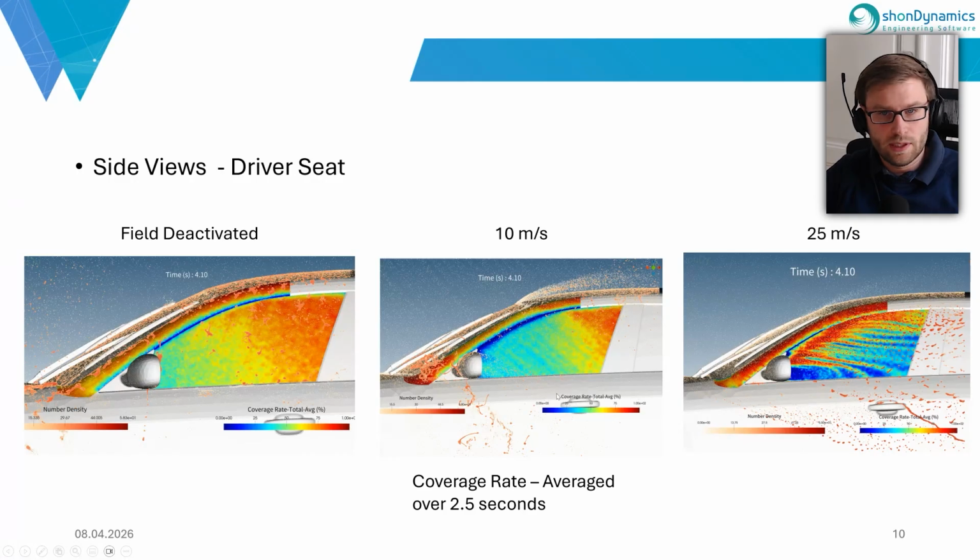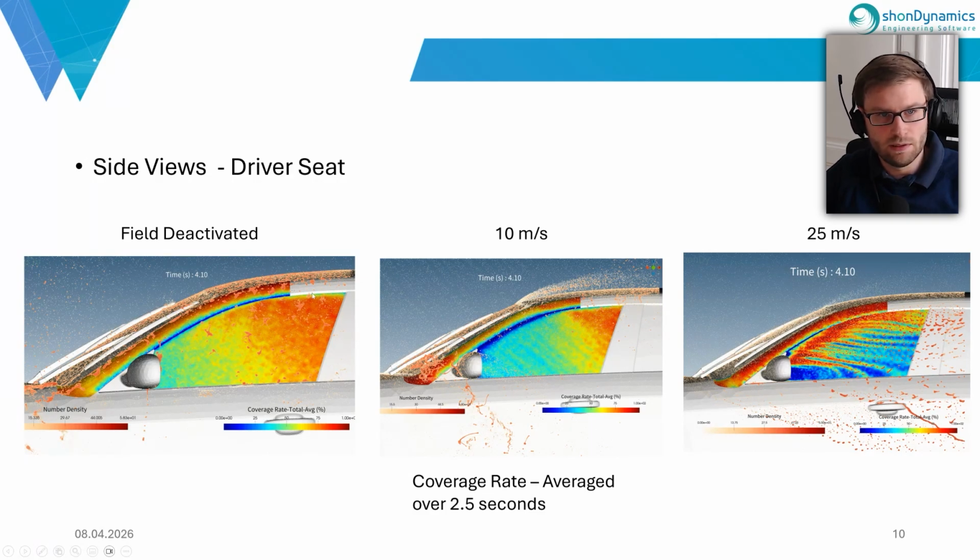And if we look now at the side window in more detail, the averaging time of the coverage rate is 2.5 seconds, so half of our simulation. The field deactivated case is not so interesting.